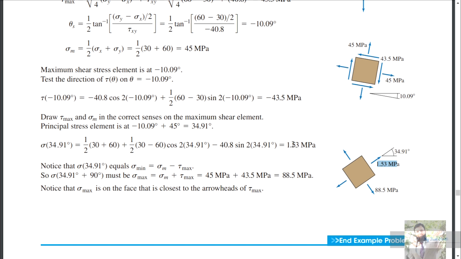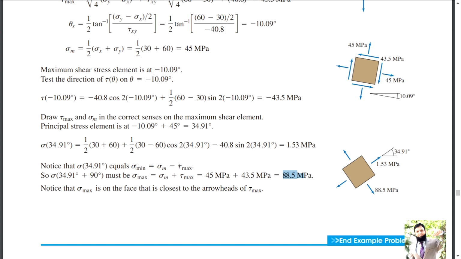You can confirm this by using these other equations. Minimum is the average stress minus tau, and maximum is the average plus tau. The maximum is 88.5 megapascal, and the minimum, if you calculate this one, is 1.53 megapascal.